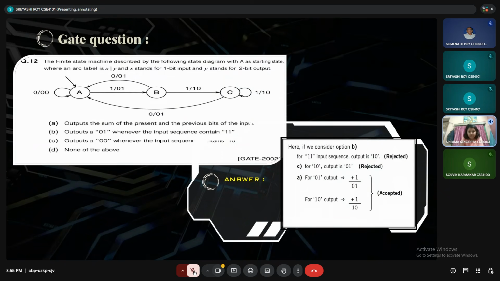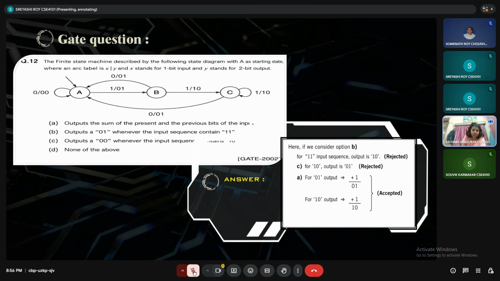In this question, the answer will be option B, because here if we consider the first slide, for the 01 the answer will be option A, because if we consider option B, it will not accept it, because the 01 output is 0.